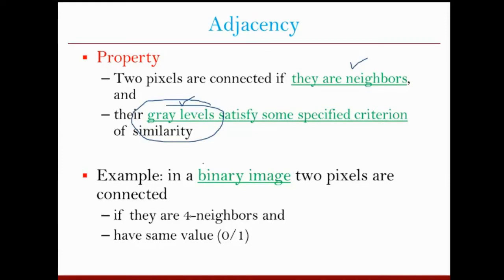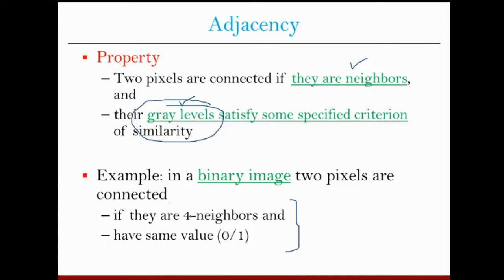Okay. For example, in case of binary image, we can very easily say that two pixels can be considered neighbors if they have either one brightness or zero brightness, because these are the only possibilities. If one has 0, one has 1, then obviously we can say that they are not similar. All right.